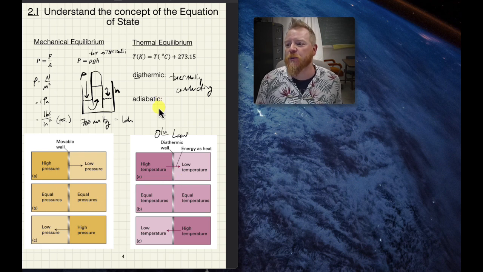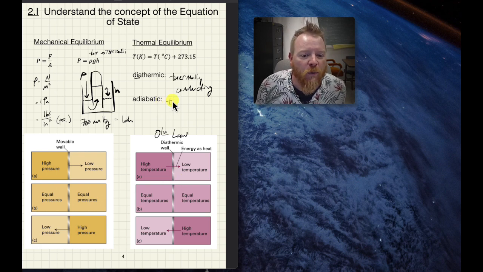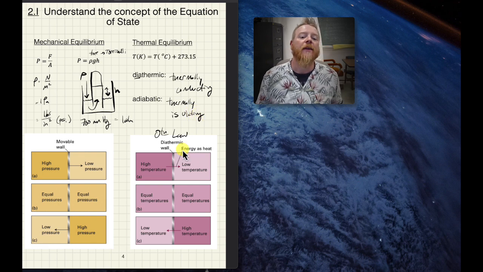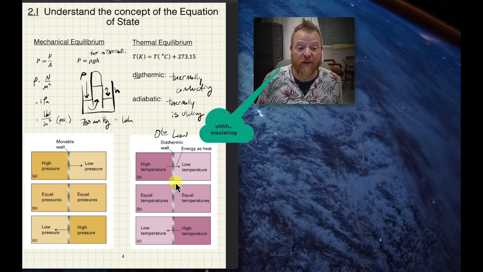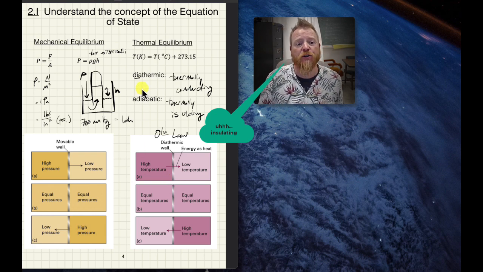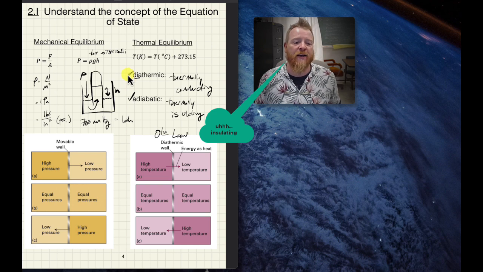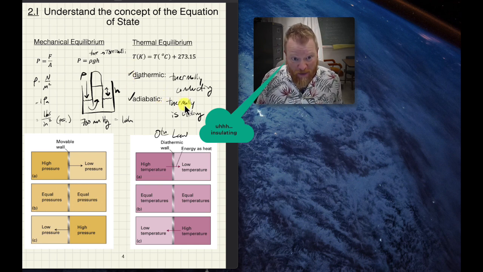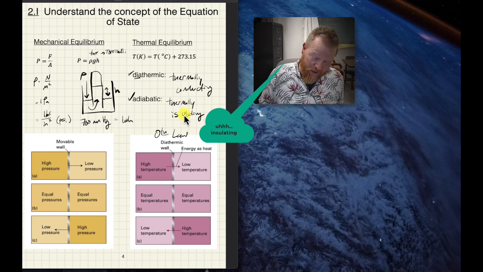On the other hand, if this was an adiabatic wall, which is thermally insulating, then we would not see heat flow. This is an adiabatic system. Okay. So these are two words we are going to use quite a bit in this class. So diathermic, thermally conducting, adiabatic, thermally insulating.